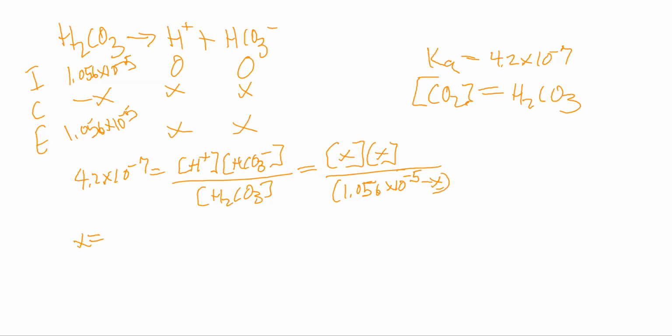So if we neglect x, we get something like 4.2 times 10 to the minus 7 times 1.056 times 10 to the minus 5 equals x squared.